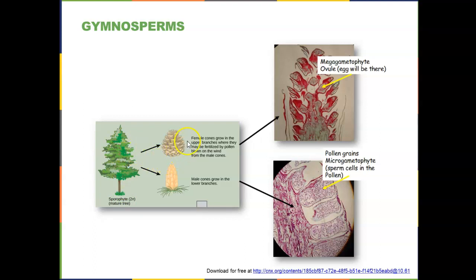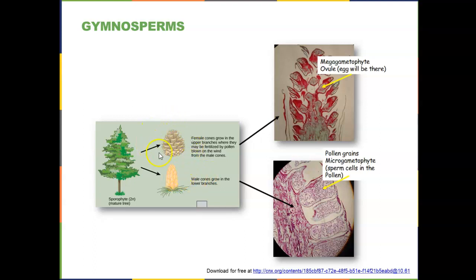Anyway, the two types of reproductive structure for the female is a female cone, which is very large, and this picture doesn't really do justice, and then the male cone, which is much smaller and much more delicate and powdery, and that's going to be pollen. You're looking at a male cone if it's really small, oftentimes kind of this golden color right here, and if it's mature, if you touch it, dust comes off of it, and that's pollen.